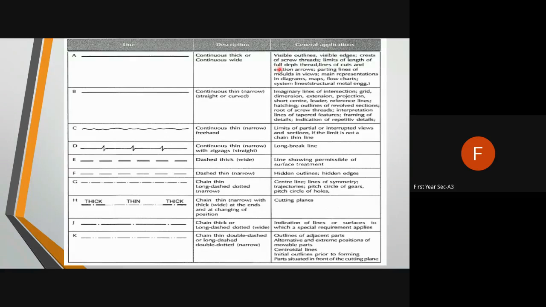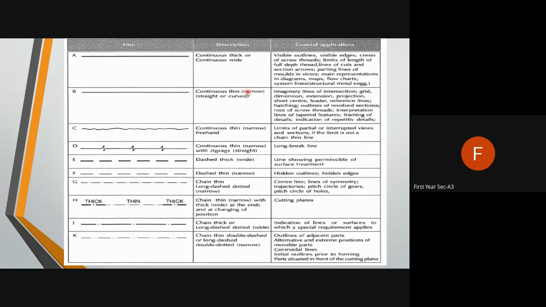These are the visible outlines or visible edges or crest of screw threads. If you want to show the crest of screw threads, or limits of length, meaning how much is the dimension of the line, full depth thread or lines of cuts, sections, arrows, or parting lines. All these things are to be shown by these lines: continuous thick or continuous wide.